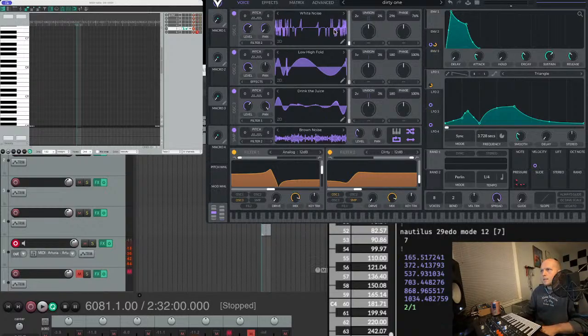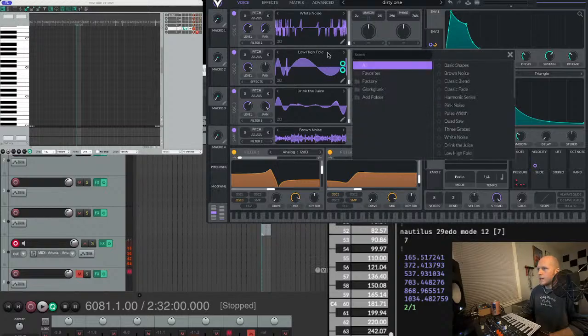Okay, so yeah, the patch has this white noise thing on top. I think it's just a wavetable. And then I just put some effects on this. So this one in the middle, oscillator 2, is kind of the main sound in this patch.